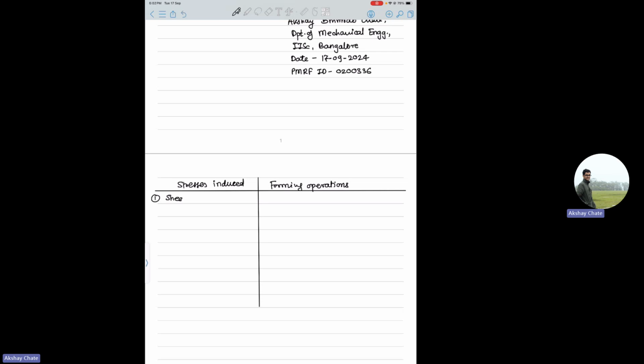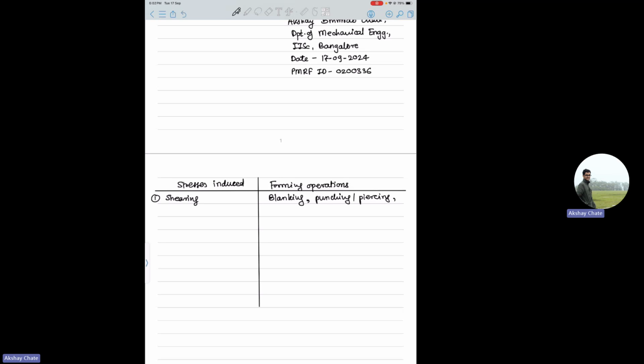So first, let's talk about shearing. As you know, shearing is a force acting perpendicular to the longitudinal axis of your material. Here you have blanking, and punching. Punching is also called piercing, so these are synonyms.